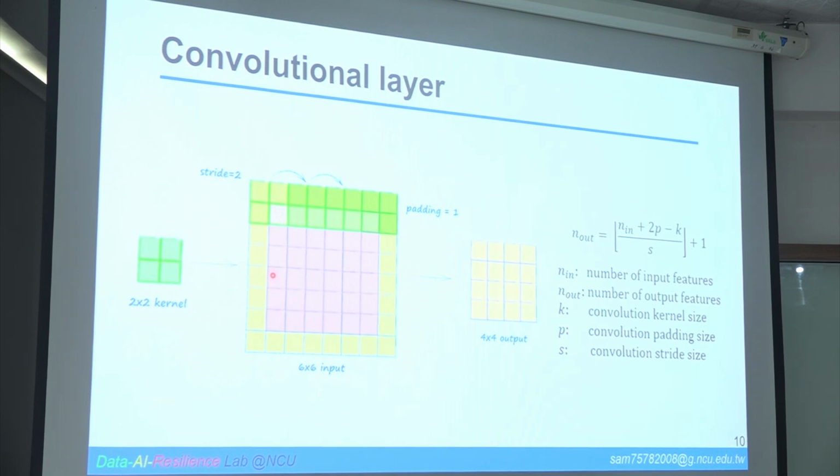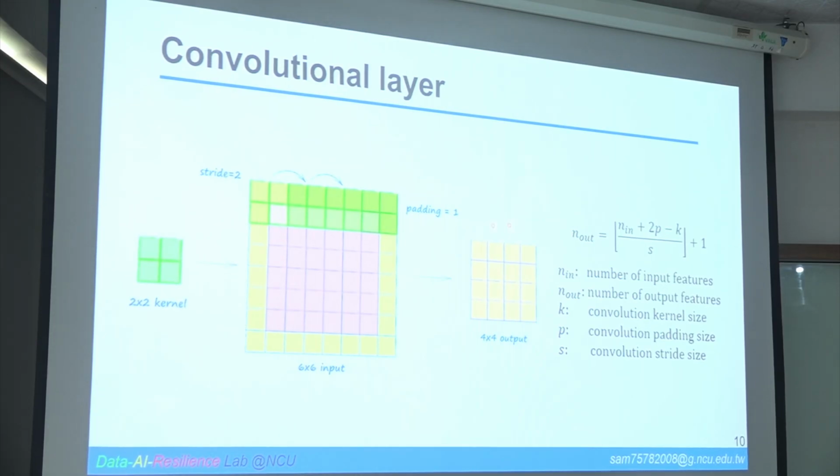So that's the meaning of using the padding. And the stride says that if you want to scan your overall image, how much information you want to skip. Generally you use stride 1 or 2, okay?